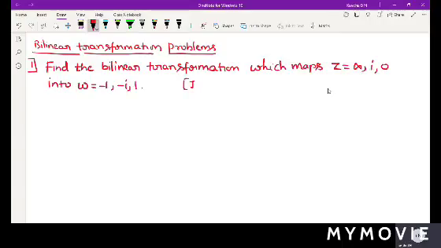This question appeared in the June 2017 VTU exam. Then we need to find the bilinear transformation here.